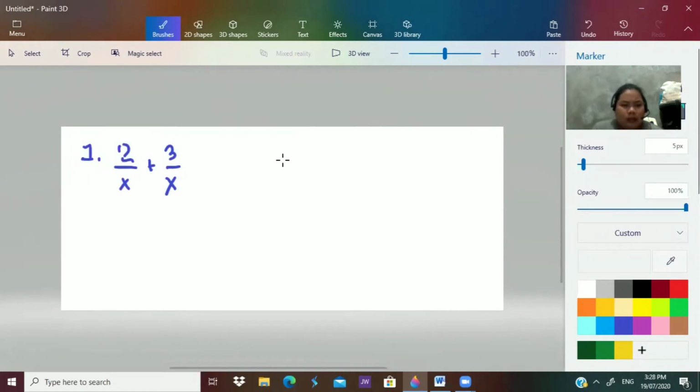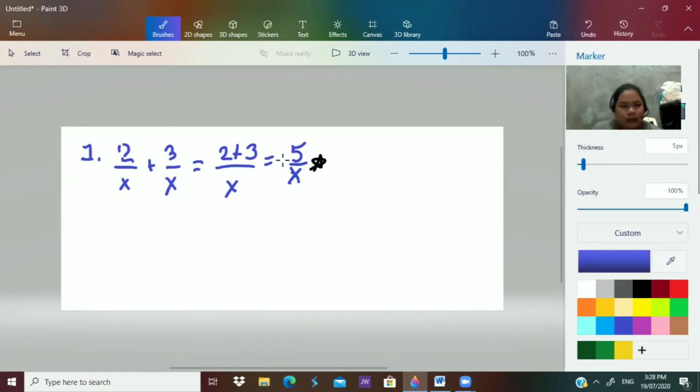So just like in the rule of similar fractions, you copy the denominator. That is step 1. Copy the denominator and add the numerator. So you have here 2 plus 3, that would be 5 over x. So this is now our final answer.